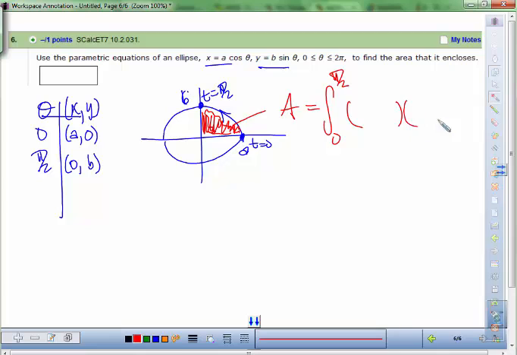And then I need a couple of things before I get my dt in there: I need my y and my x prime. My y is just b sine theta, and my x prime is going to be a sine theta with a negative, since the derivative of cosine is negative sine.